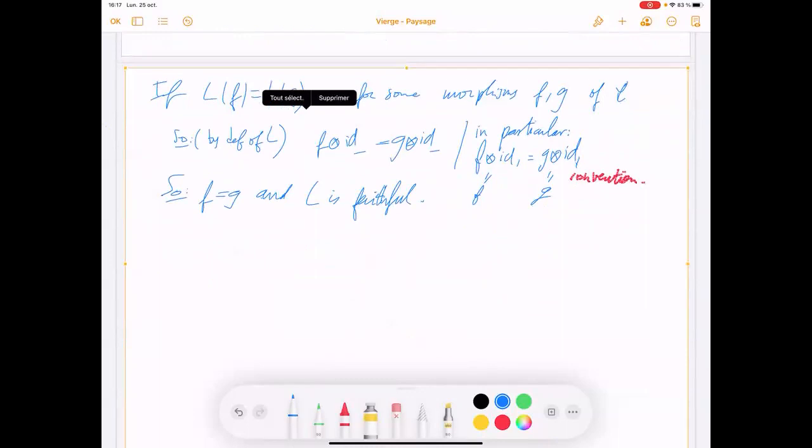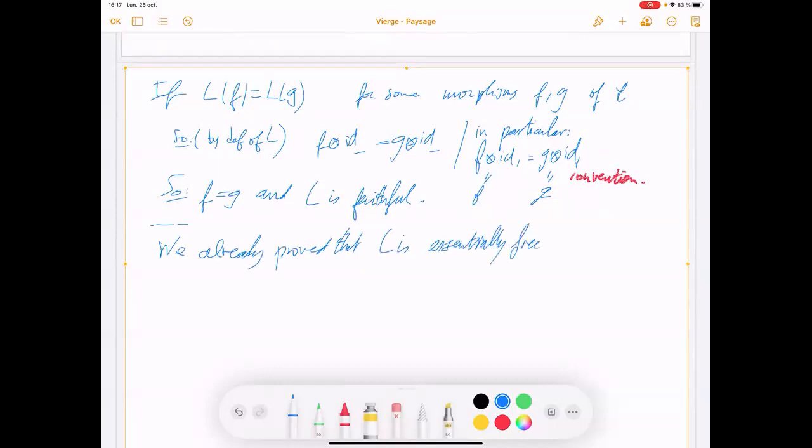So we already proved that L is essentially surjective, full, faithful.